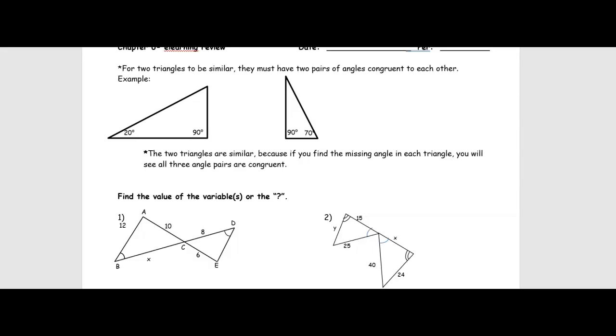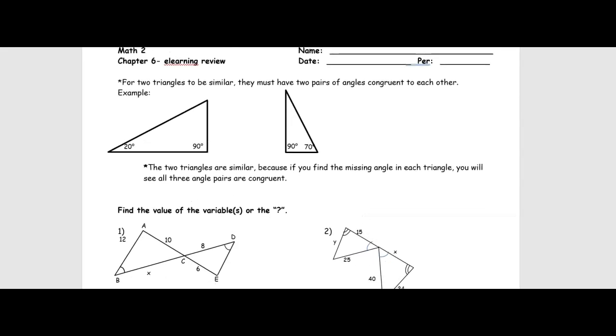So today is the first half of chapter 6, a little review of what we did earlier in the semester together, and it was all the similar triangle information. In order for two triangles to be similar, they need to have two pairs of congruent angles. While these are obviously congruent, they're both 90.